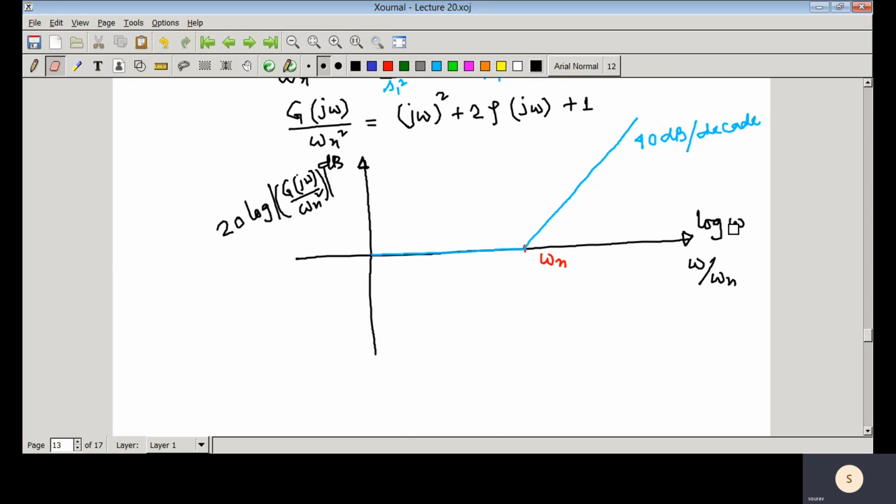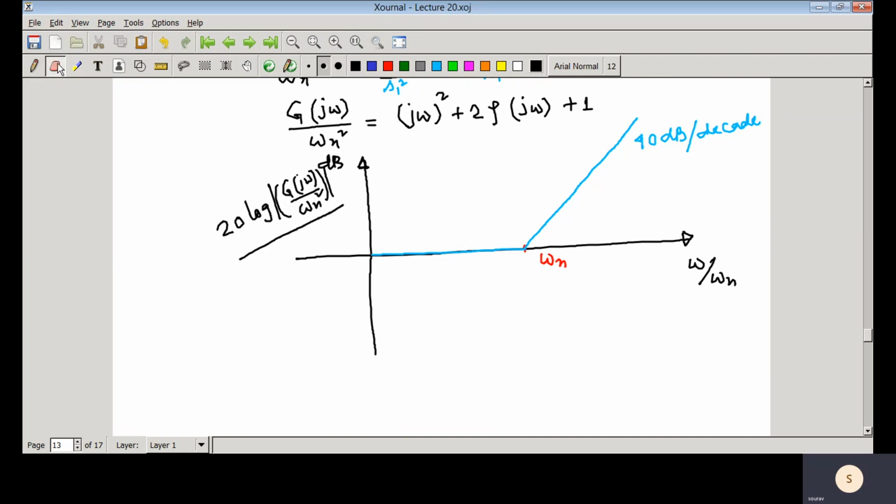Again, whenever we are drawing that asymptotic Bode plot in normalized or scaling form, in the y-axis we have represented 20 log of G(j omega) by omega n square, and in the x-axis that would be omega by omega n, that is in log scale.